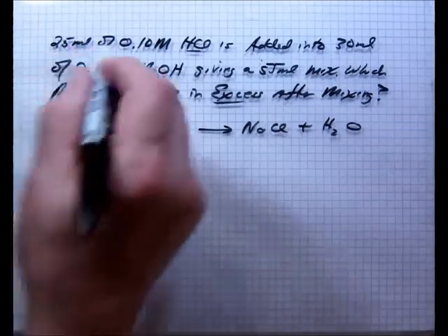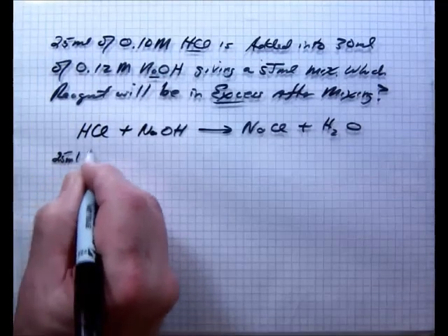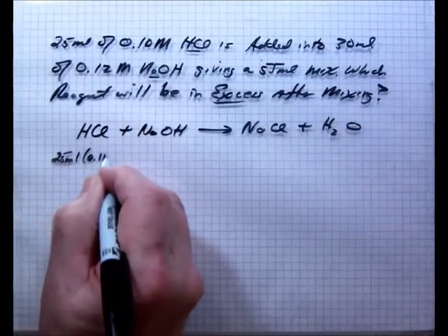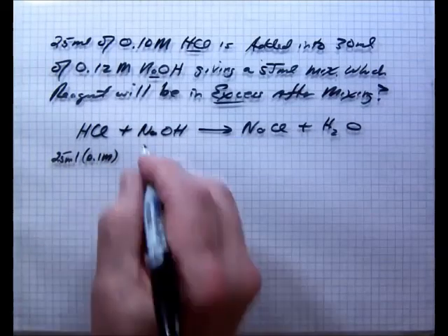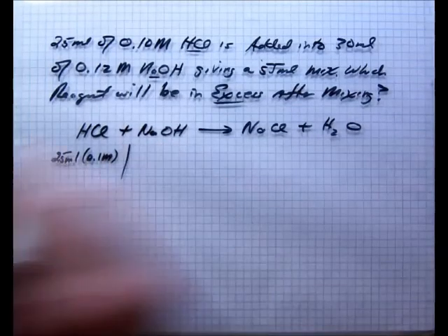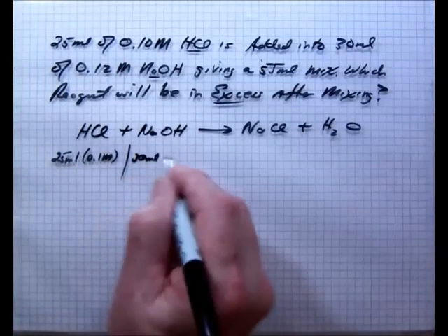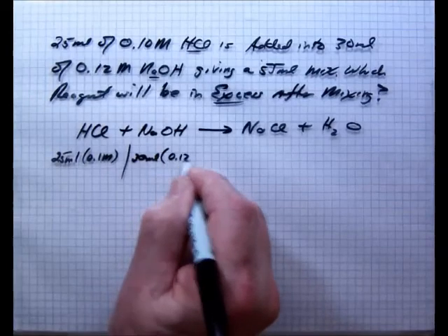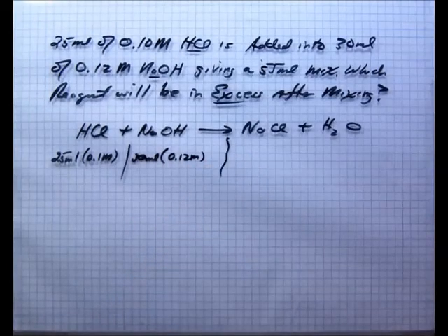I have 25 milliliters of 0.1 molar HCl. So I write that 25 milliliters and I'm putting 0.1 molar right there of HCl. Here is 30 milliliters of 0.12 molar sodium hydroxide.